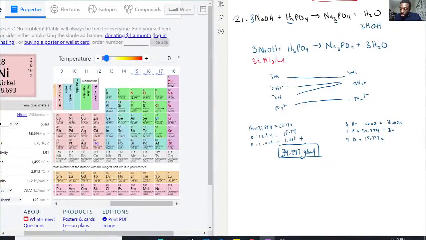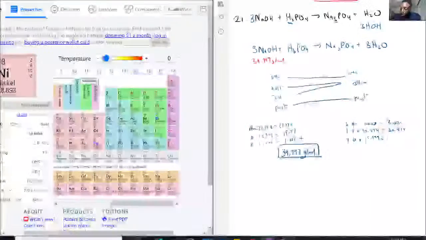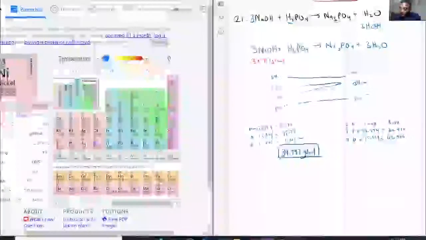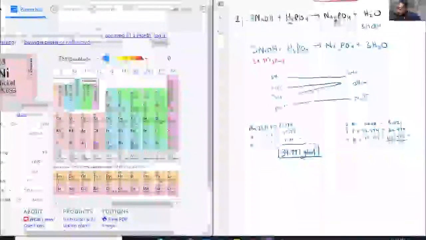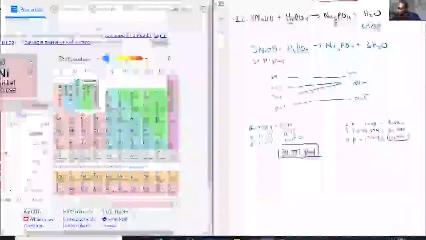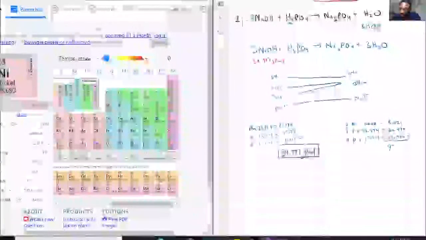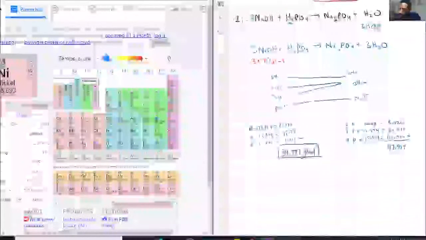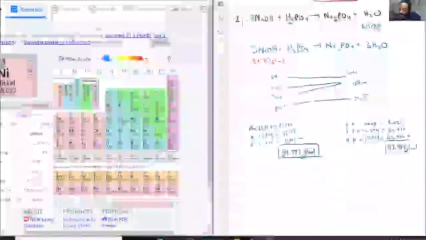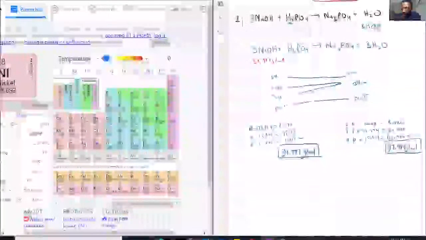And then 30.974. And then we have 15.999 times 4, 63.996. Add them all up, 30.974 plus 63.996 plus 3.024, we get 97.994 grams per mole. So now we have the H3PO4.